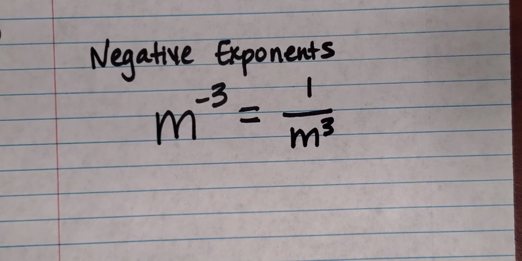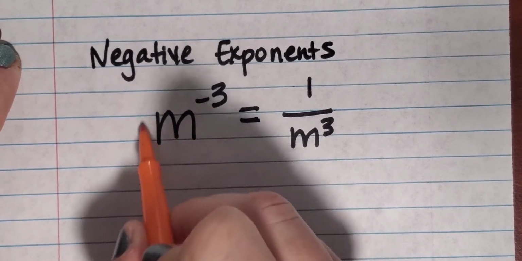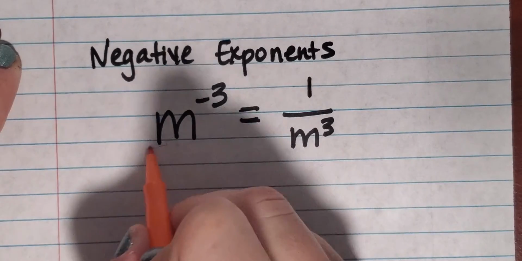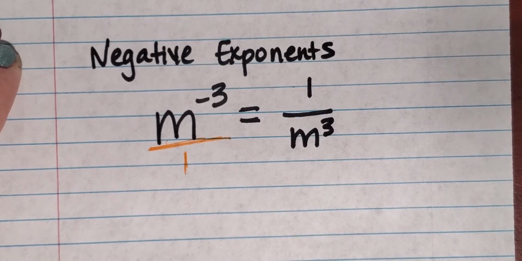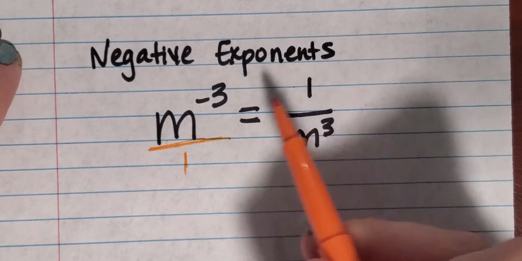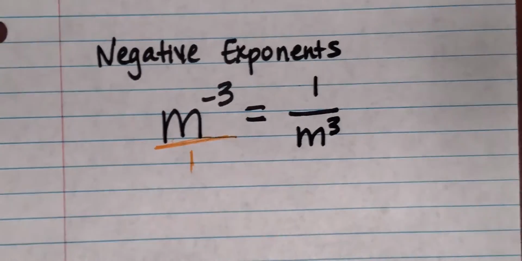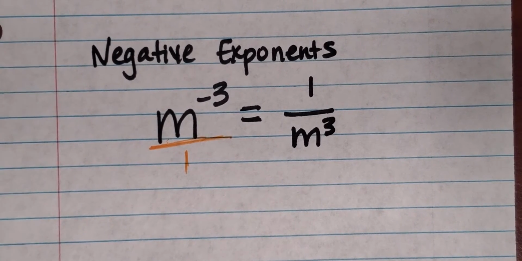So when I have this base and the exponent, this is like a whole number or a whole term. So technically it is always over 1, right? So when I have a negative exponent, I have to change it to the reciprocal, meaning that I have to change the position in the fraction.